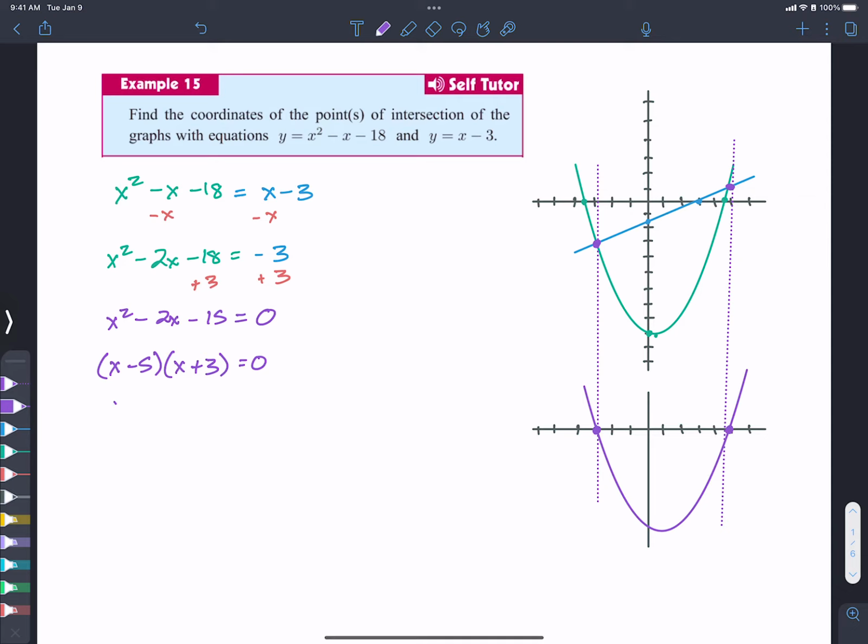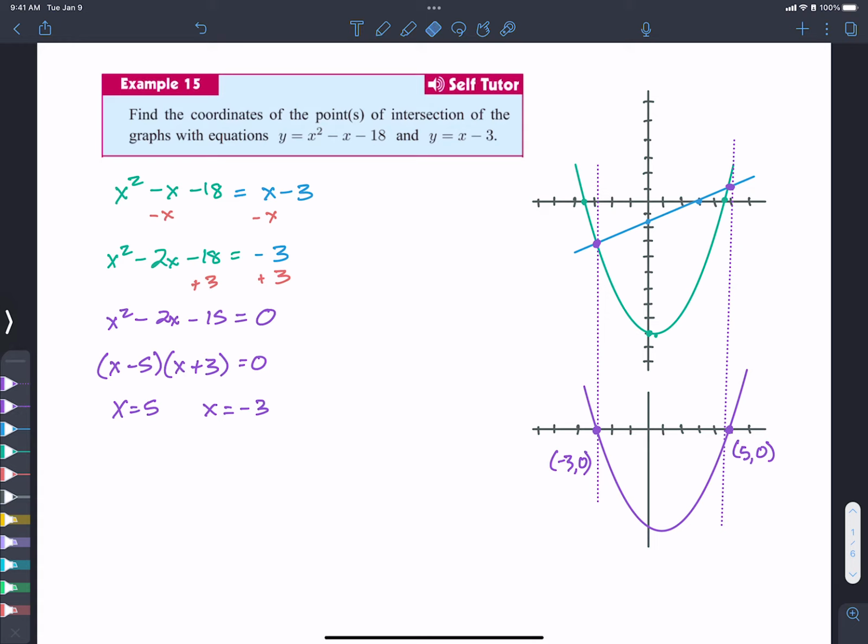So I know that x has got to equal either positive 5 or negative 3. So this point here is negative 3, 0, sorry, I had that backwards. This point here is 5, 0.